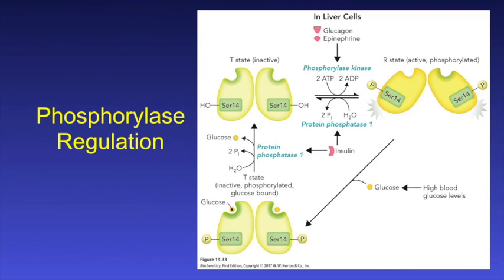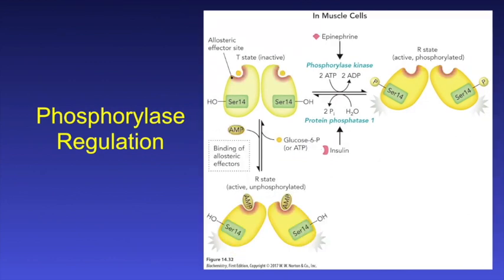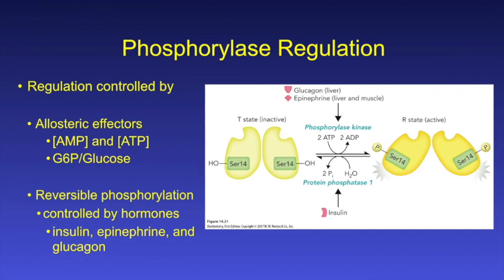So in groups of 4. Let's see, groups of 4 or 5. Make groups of 4 or 5, and then I'm going to assign you which slide you're going to be preparing to present, and I'll assign one to you.